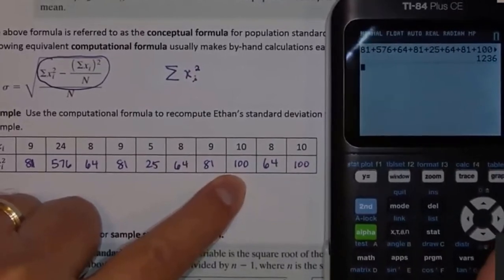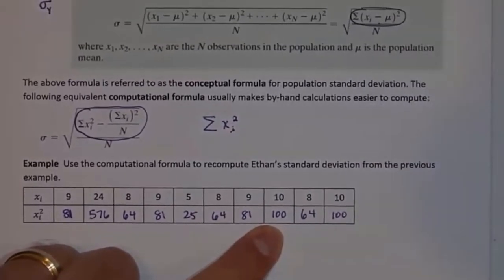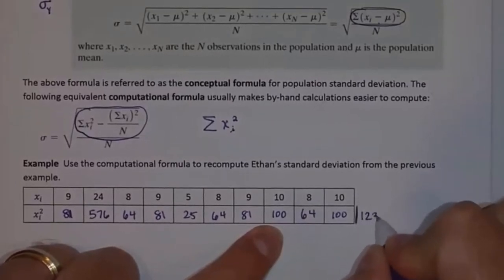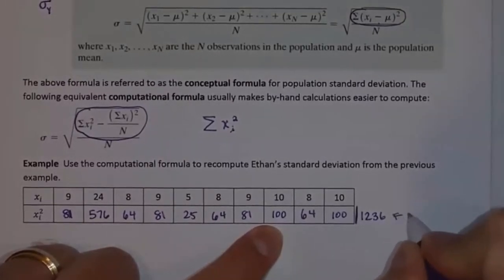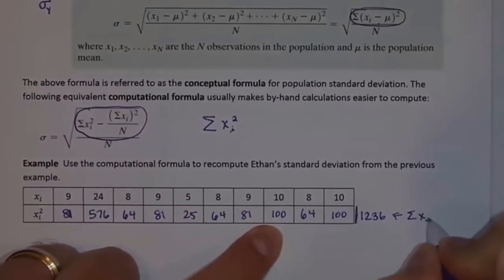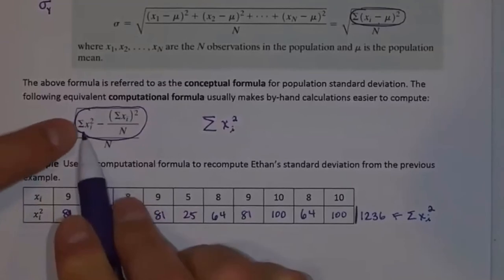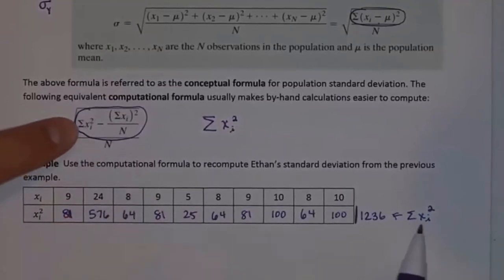That is 1,236. So this right here is 1,236. And again, that is the sum of the x sub i squared. So in this formula here, that's what this means. Take each data value, square it, and add it up.